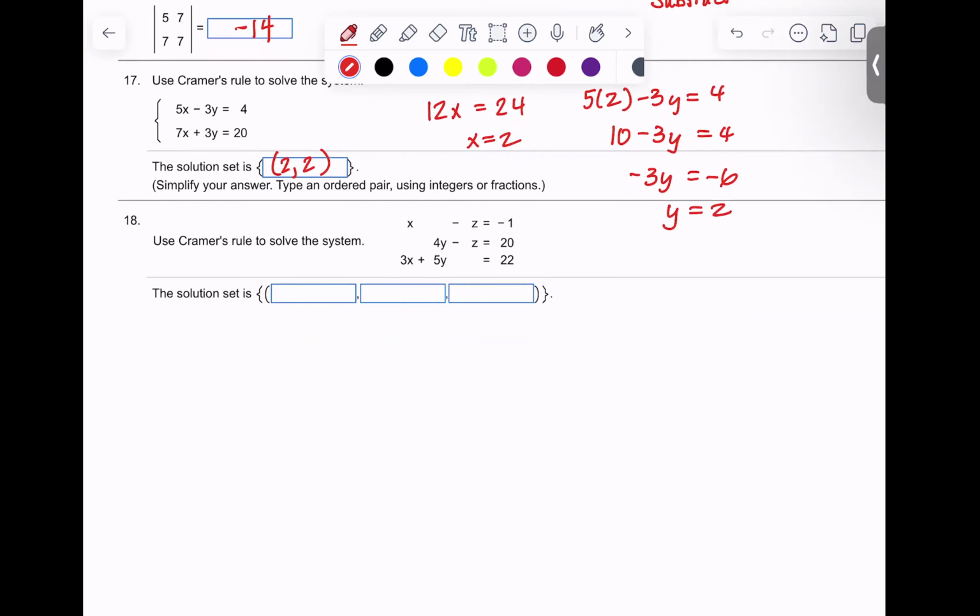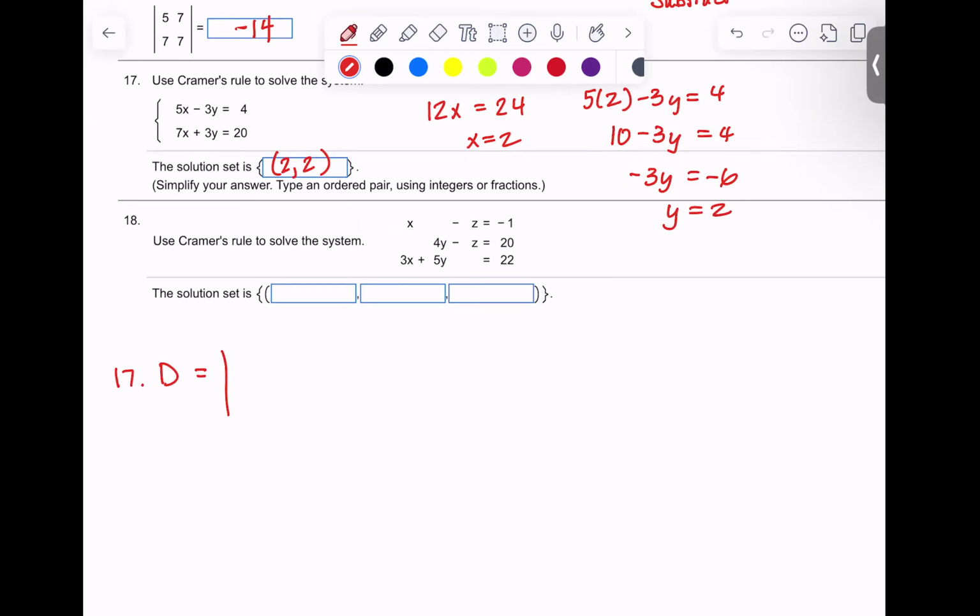Okay, I need to find 3 matrices to solve a system of equations using Cramer's rule. The first matrix I have to find, so we're doing problem 17 here, is this matrix determinant called D. And it's the determinant of the matrix formed by the coefficients on x and y.